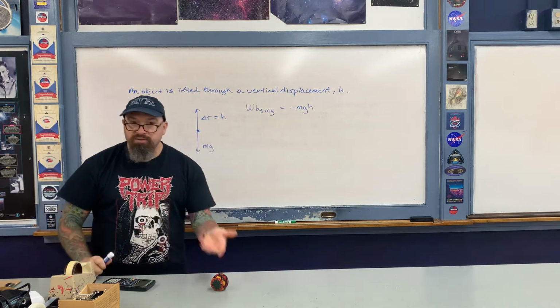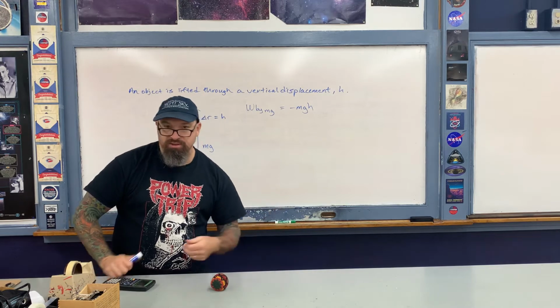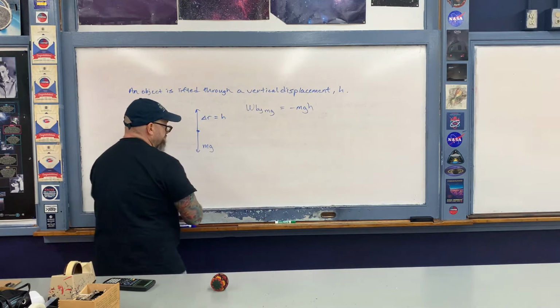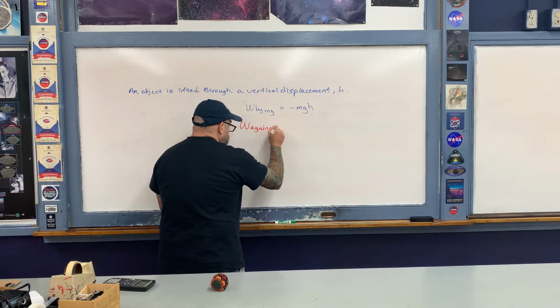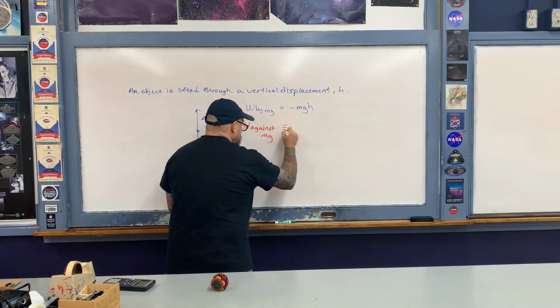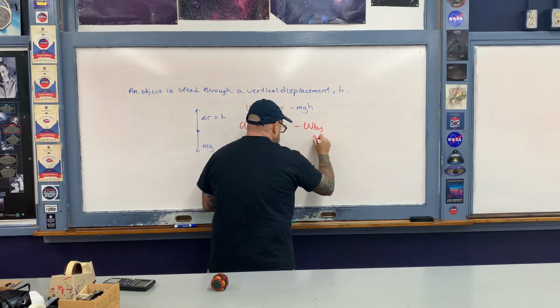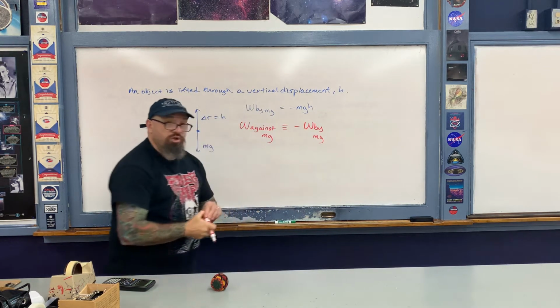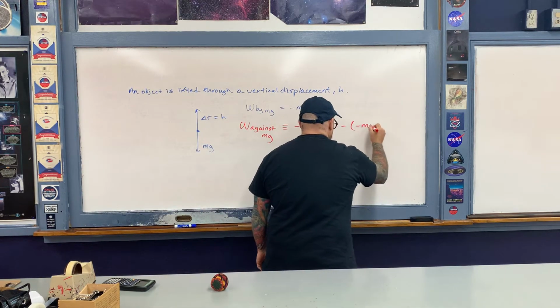Okay, now by definition, the work that I would then do against gravity is the opposite of this quantity. Here's how we write that. So the work done against gravity, and you have to be careful with your phrasing here, by the way, is equal to, by definition, the negative of the work done by gravity. So showing all of the negative signs here, this is the negative of negative mgh.